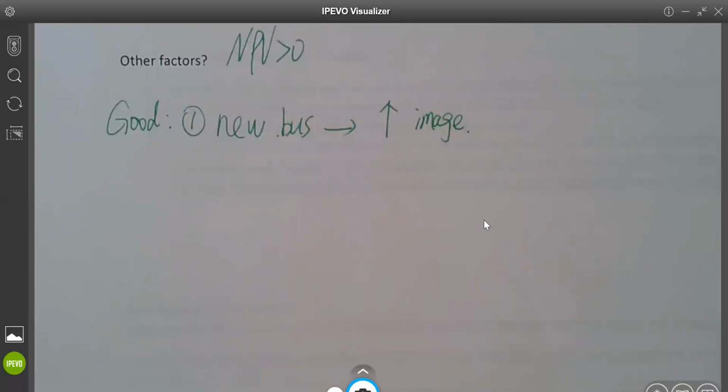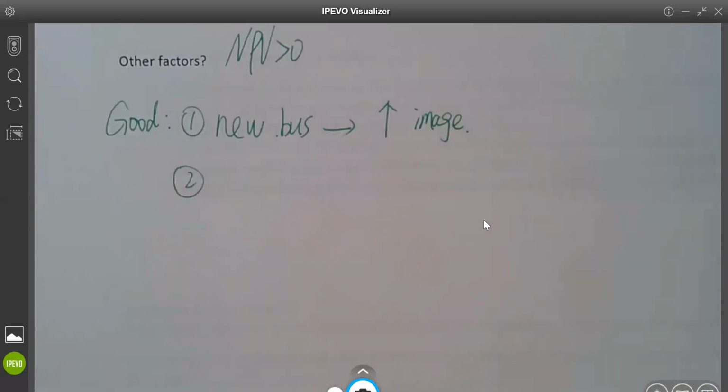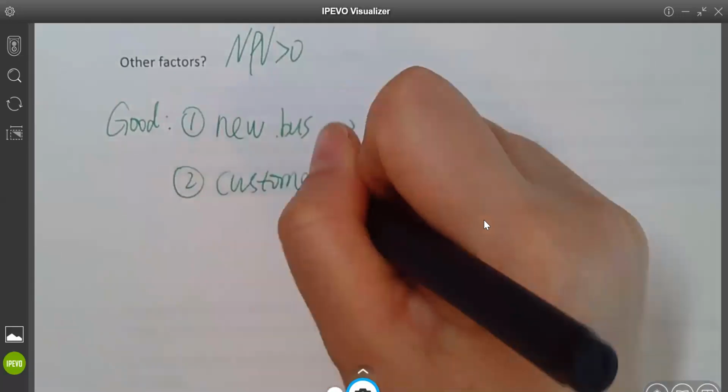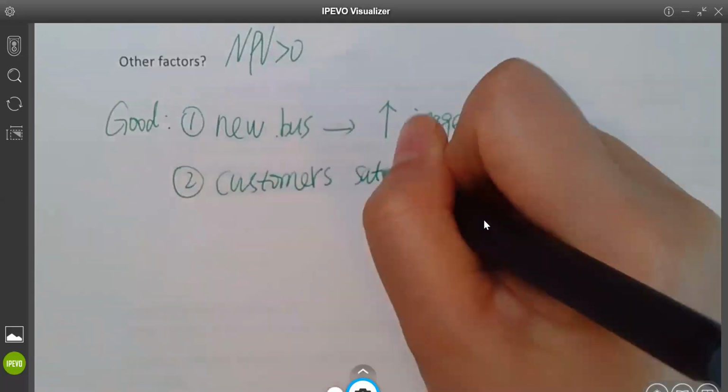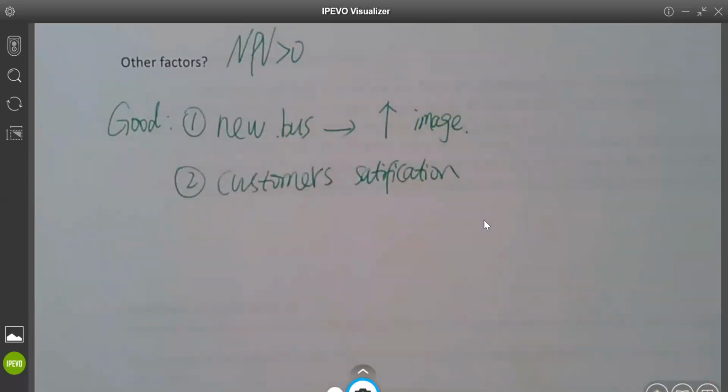Those are non-financial factors. The second thing is customer satisfaction. They like the new bus. Like for me, definitely, if there is an old bus or a new bus, I will go with the new bus. It's cleaner, it's just a good experience. So maybe customer satisfaction will also increase.